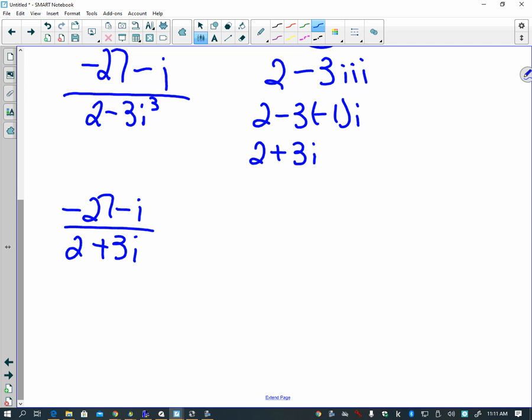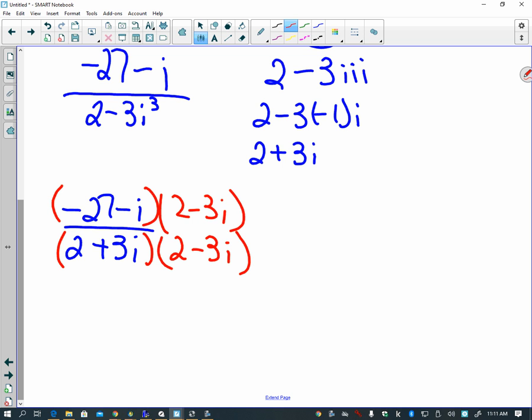Except we're not. What do we have to do? Multiply by the conjugate. Just keeps going. Okay, now what do I do here? FOIL. Okay, all right, negative 27 times 2. Negative 54.